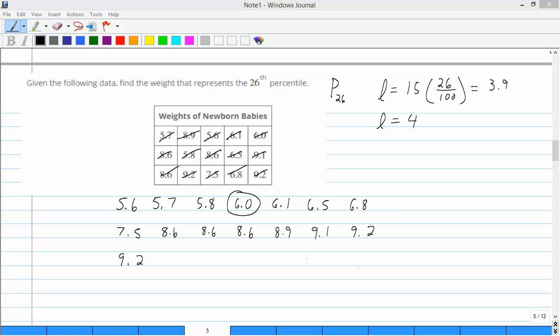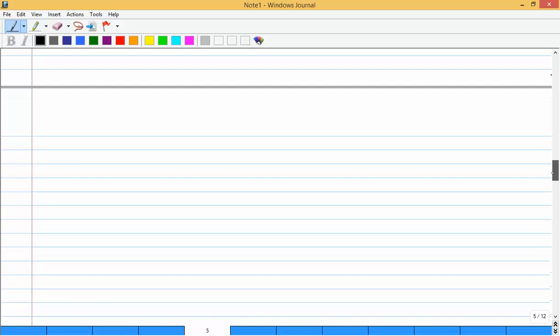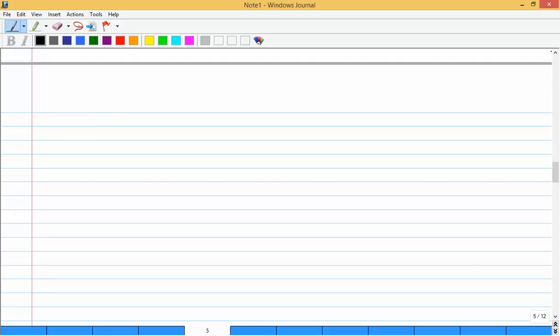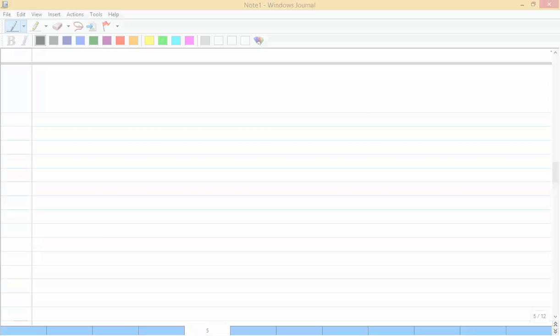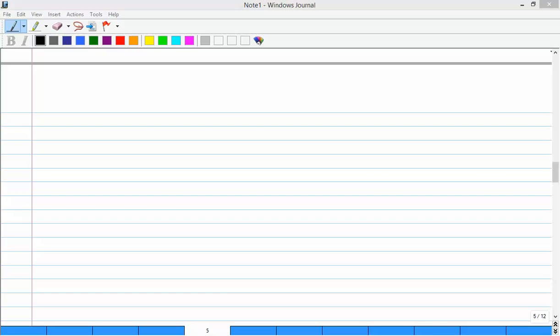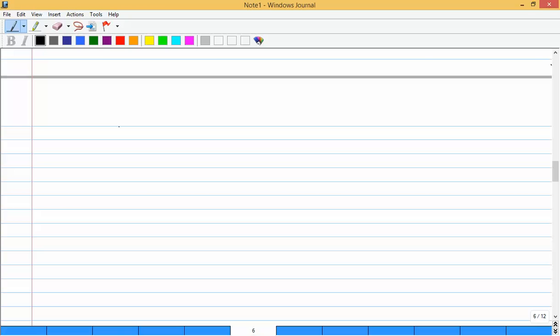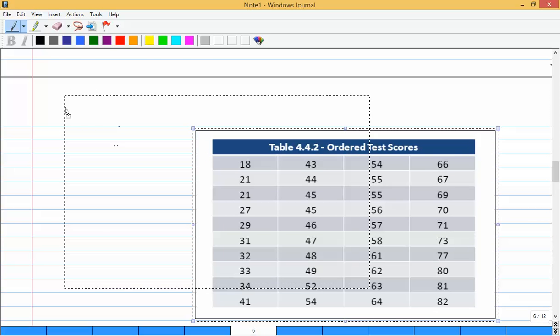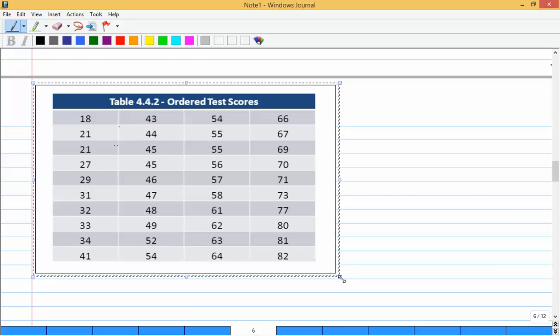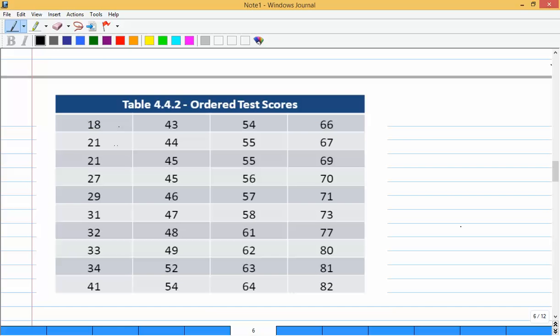Alright, here's one here, straight out of your ebook as well, around page 142. Here are some ordered test scores. Again, this table is provided in your book.